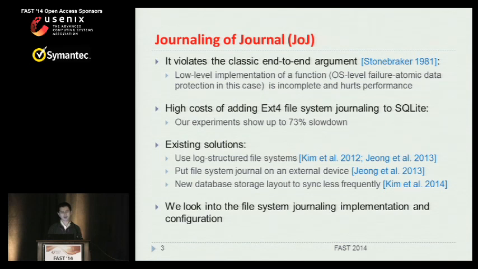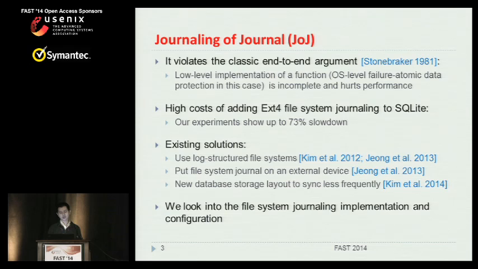In particular, here you have one function, the function of failure atomic data protection, that's implemented in two places, at both the application layer, in this case the database, and also the operating system layer. If you implement one function at two different places, you tend to be inefficient and hurt performance. Indeed, we ran experiments adding ext file system journaling to the SQLite database. We saw up to 73% slowdown of the transaction completion time.